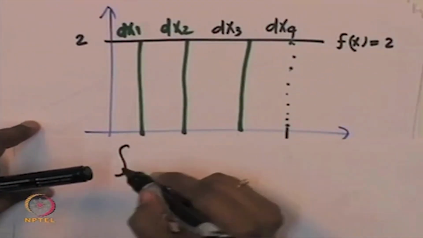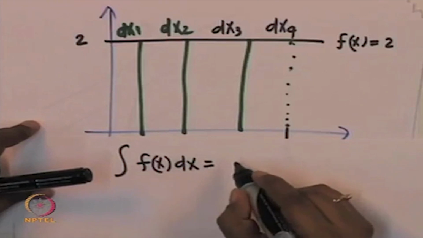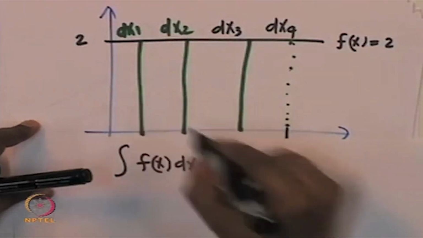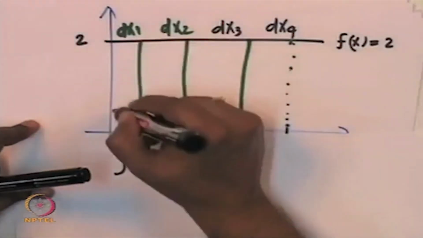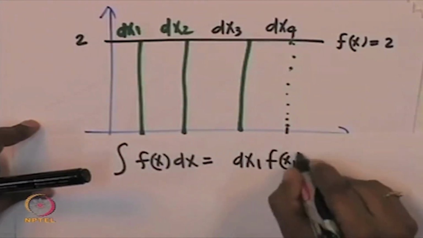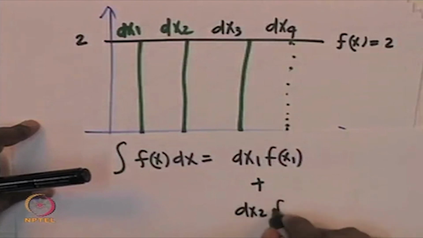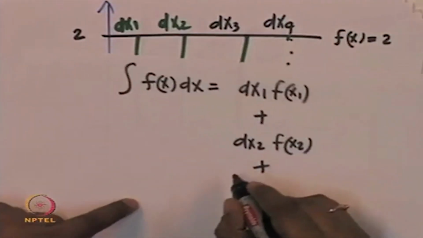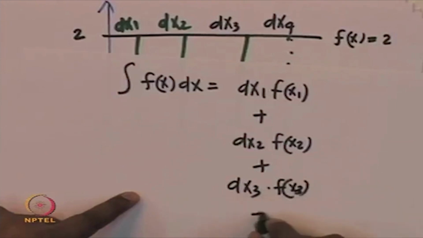We said that integral f of x dx is nothing but, take the first interval dx1 and multiply by the function at this particular point x1 somewhere in this interval. So, f of x1, plus dx2 into f of x2, plus dx3 into f of x3, plus dx4 into f of x4.